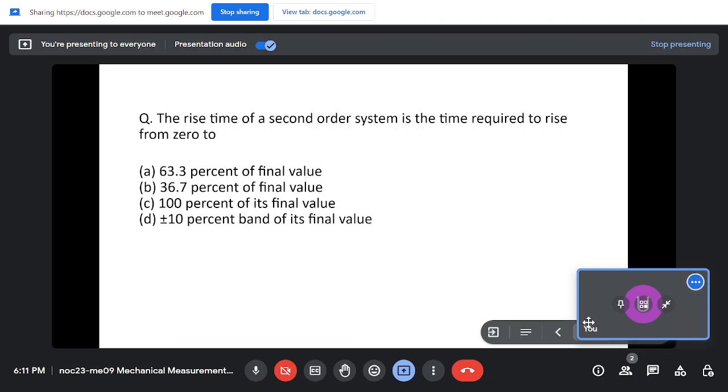Moving on to the next question, the rise time of a second order system is the time required to rise from 0 to: A, 63.3% of final value, B, 36.7% of final value, C, 100% of its final value, D, plus or minus 10% band of its final value.